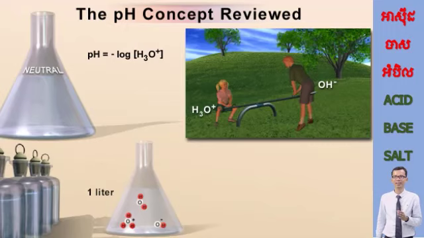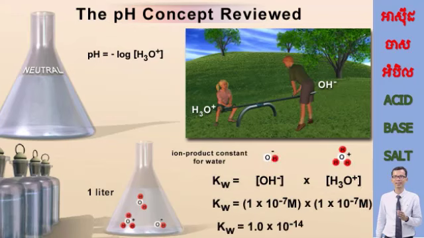In summary, the acid-base properties of a solution are determined by the concentration of hydronium ions. These ions occur naturally in solution due to the self-ionization of water molecules. The product of the concentrations of hydronium and hydroxide ions in aqueous solution is known as the ion product constant of water and is represented by the symbol Kw.